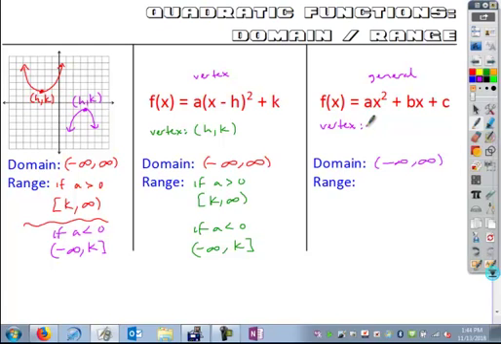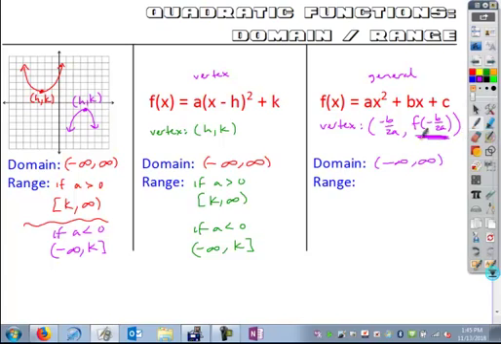And the y-coordinate of the vertex is a little bit more work to find if you're given general form. The way that you can identify the vertex here, in general form, the x-coordinate of the vertex is negative b over 2a. And the way that you can find the corresponding y-coordinate is to evaluate this function at negative b over 2a.